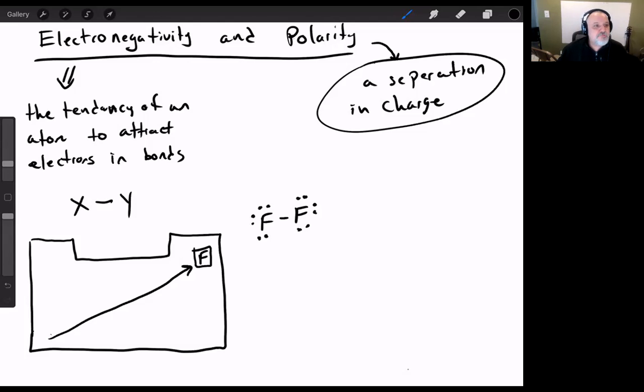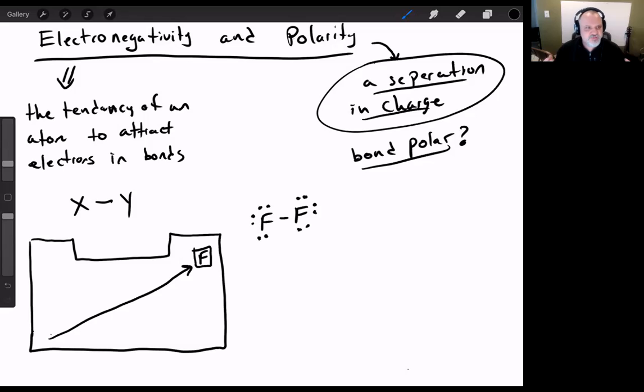Is this bond polar? Is there a separation in charge for this bond? Think about it this way. It's like a tug of rope with two really giant teams, and the teams are exactly the same on either side.